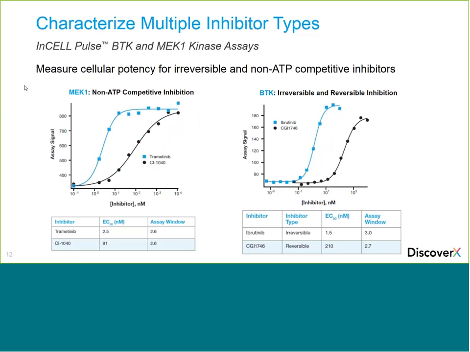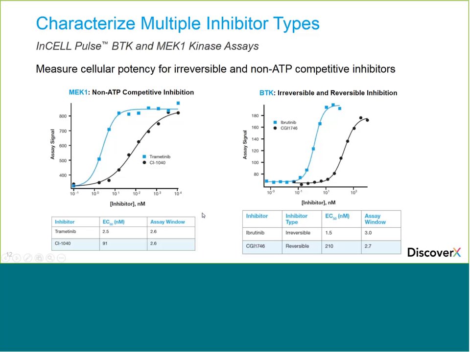They don't have to fend off the 1 millimolar ATP in a cell. CI-1040 was a first-generation non-ATP competitive inhibitor, and it's got reasonable, 100 nanomolar-ish cellular potency in our system, and then the FDA-approved drug trametinib, which is a second or third generation MEK inhibitor, is significantly more potent, 2.5 nanomolar cellular activity.